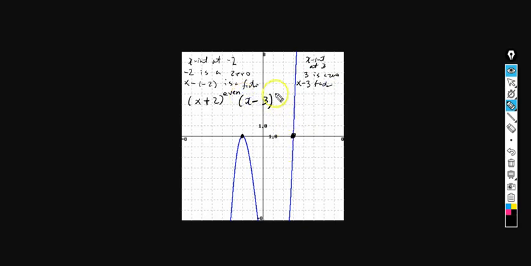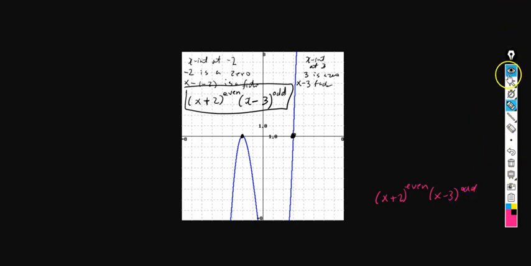And since it crosses through, the multiplicity is going to be odd. And so this is what we want. This has to be part of the formula, part of it. And so we're looking for x plus 2 to an even power times x minus 3 to an odd power.